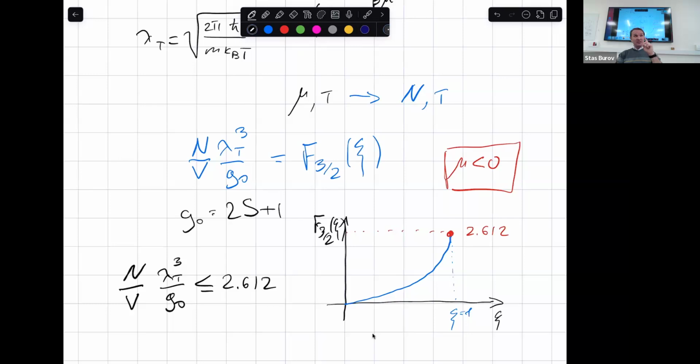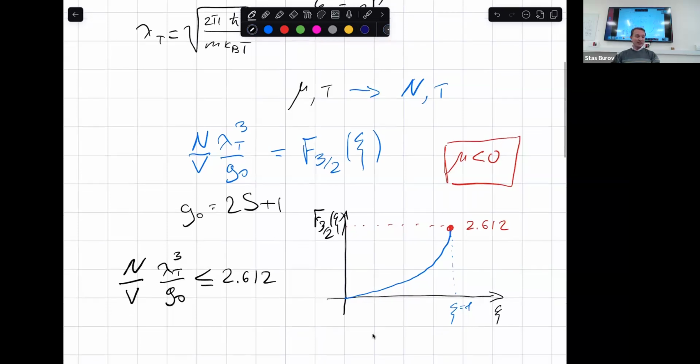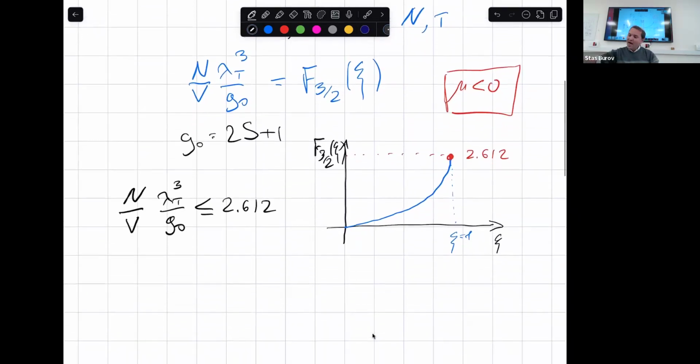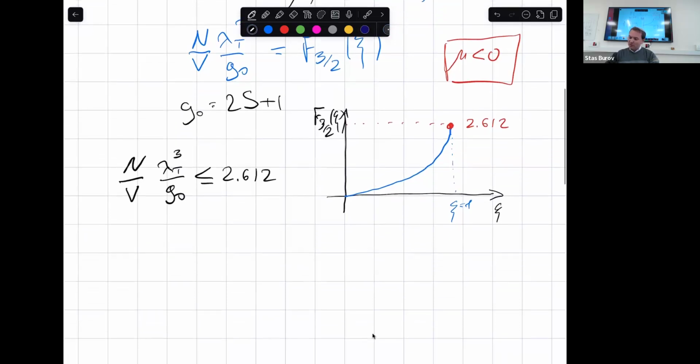The other problem that we discovered, and that's the real problem, is what happens to the occupation numbers. So if you remember, the occupation number of level epsilon equals 1 over e to the power beta times (epsilon minus mu) minus 1.